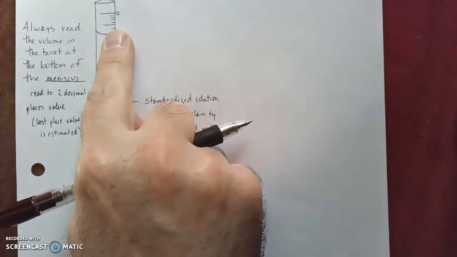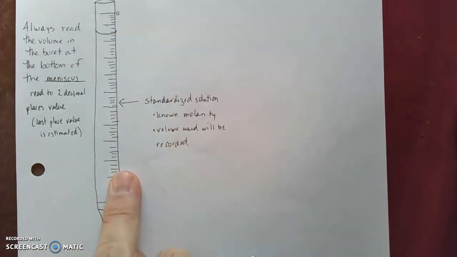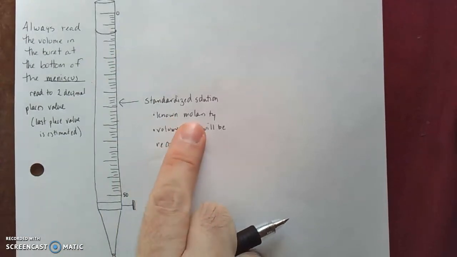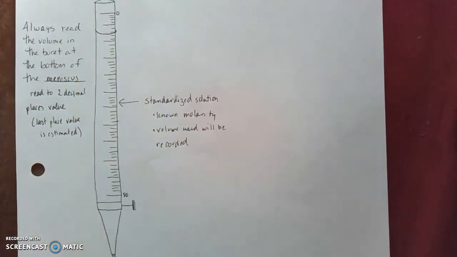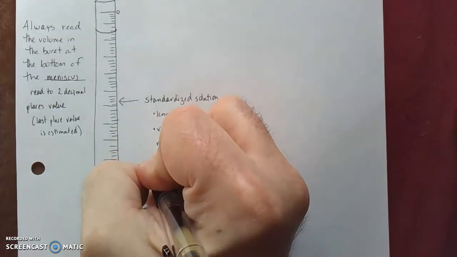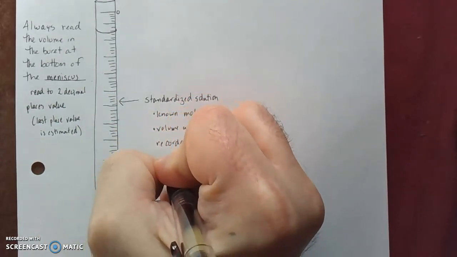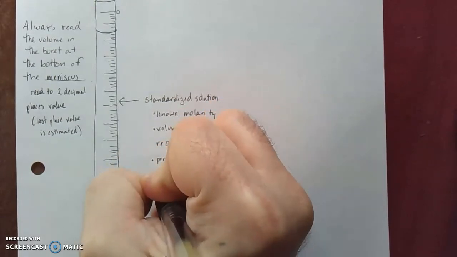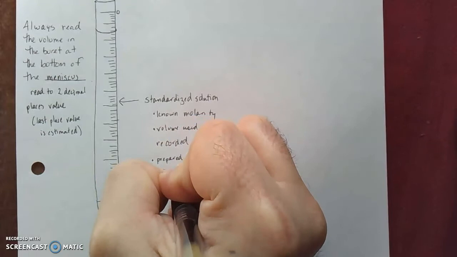So we are going to know how much we have. We know its molarity, so we know the volume, we know the molarity, so we know how many moles are going to react. This standardized solution is prepared using a primary standard.